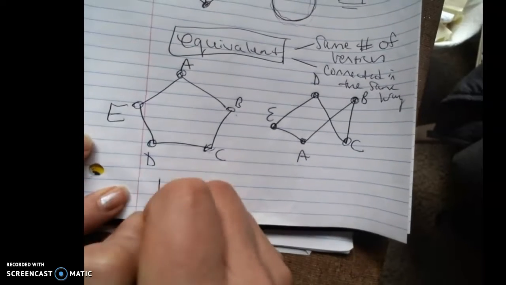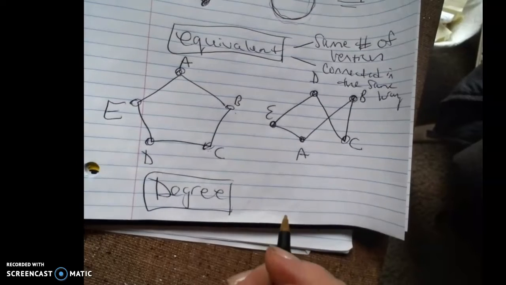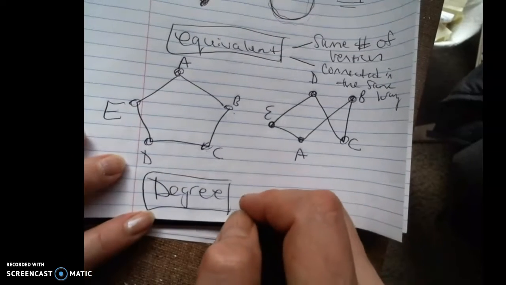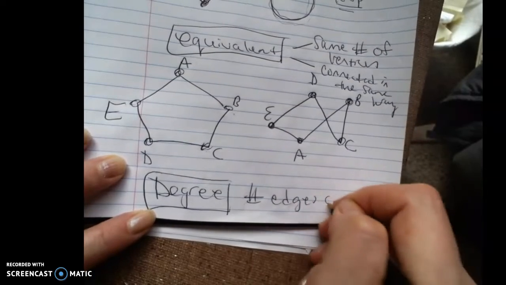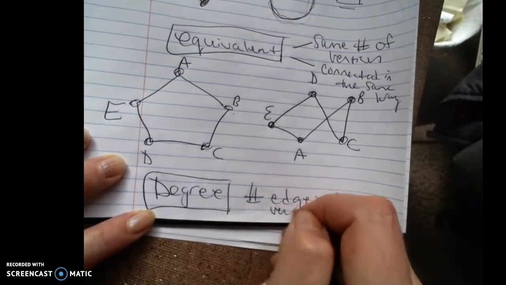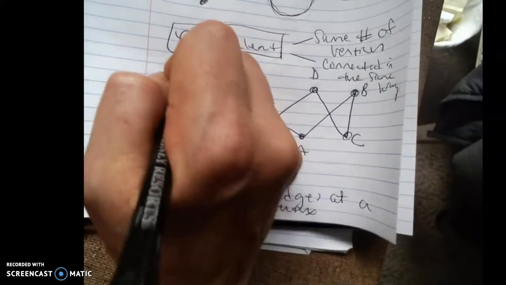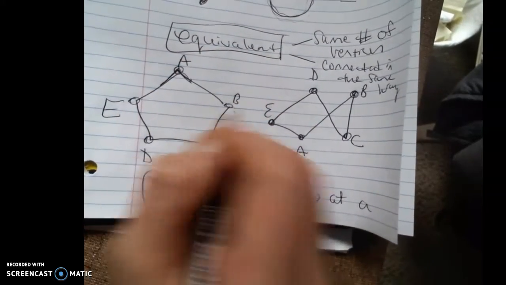All right, degree is super important in this. Degree is how many roads come in and out of the city, or the number of edges at a vertex. It's coming in and coming out. For example, these all have 2. There's one coming in, one coming out, so those all have degree 2.